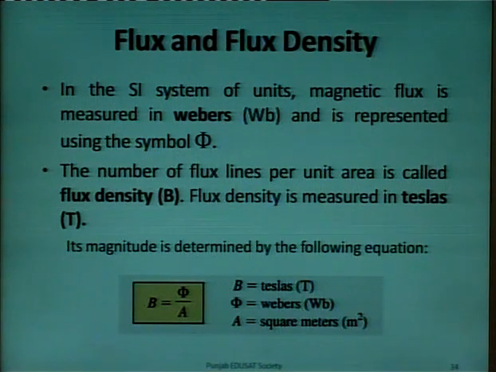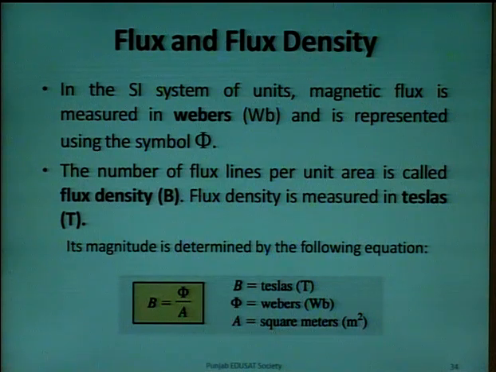And the number of flux lines per unit area is known as the flux density, that is capital B. And in the SI units, the flux density is measured in Teslas. Tesla is the unit to measure the flux density.